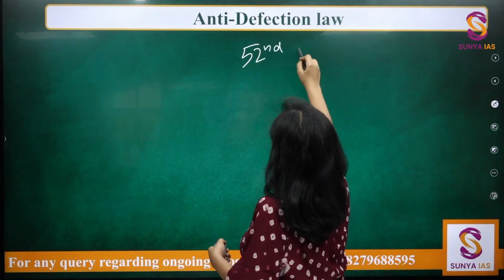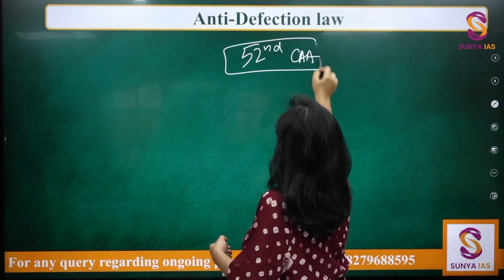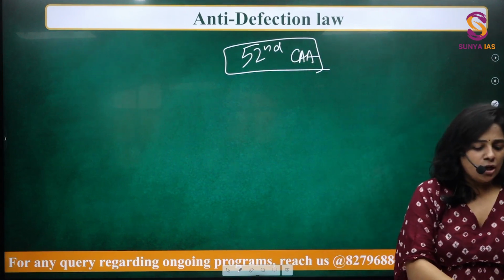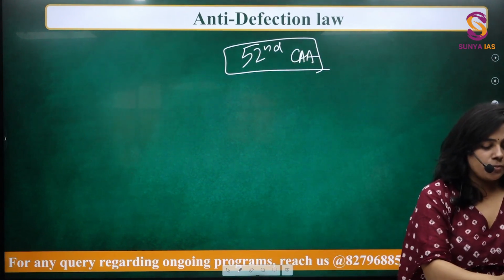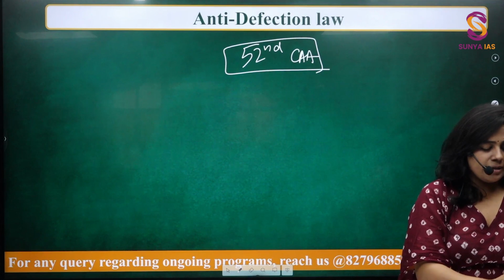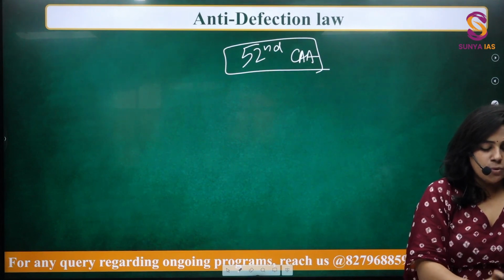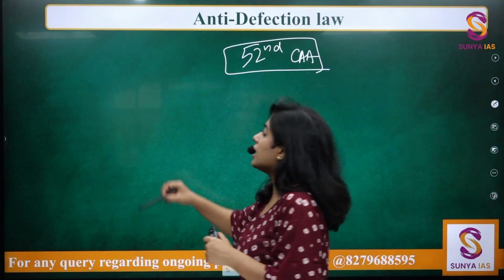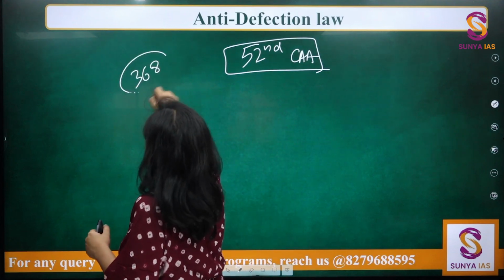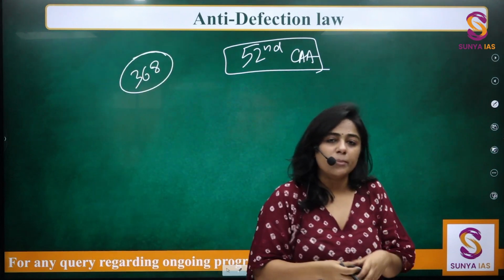So after that happened, the 52nd constitutional amendment was enacted, right? And mind you, when there is a constitutional amendment under Article 368, why I'm saying constitutional amendment?